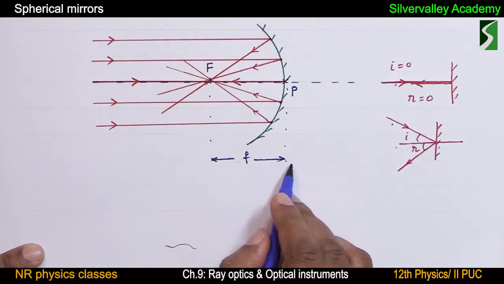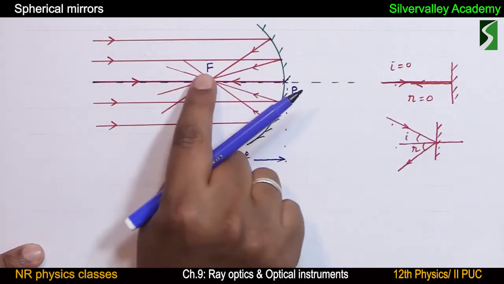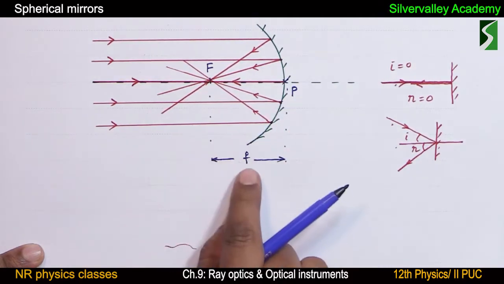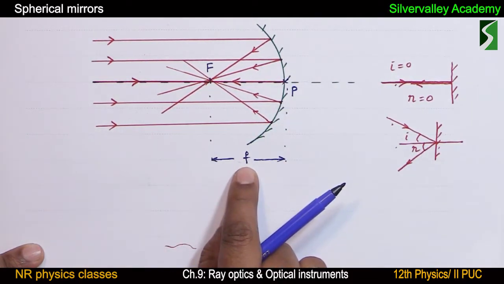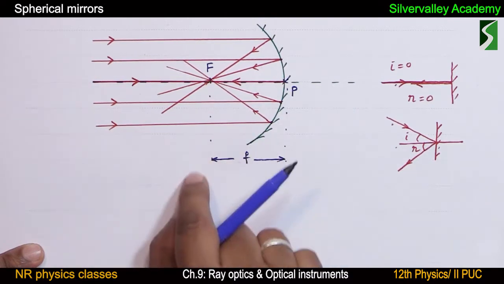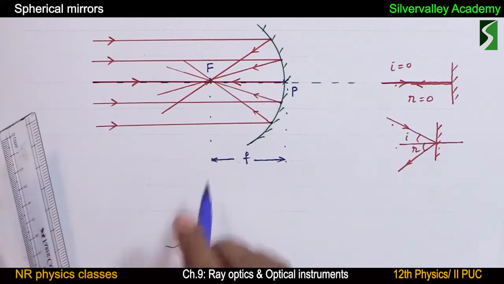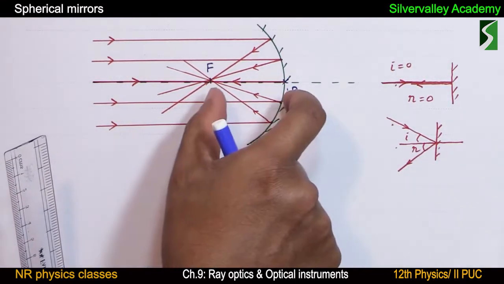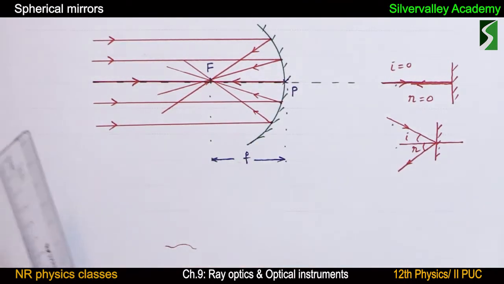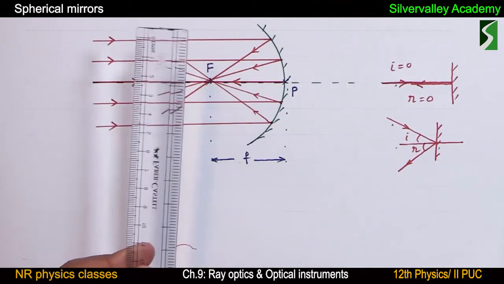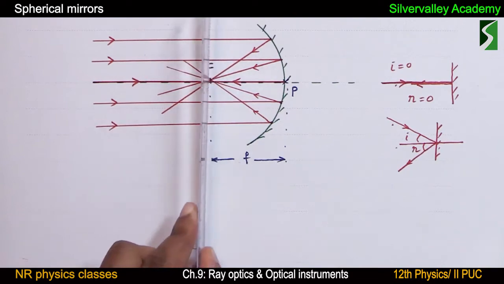This is a convention used. Points are represented by capitals and distances are represented by small letters. But only for radius of curvature, the distance is represented by capital R. Now, this point is called focus. This distance is called focal length. Let me consider this plane. This is the scale, right?